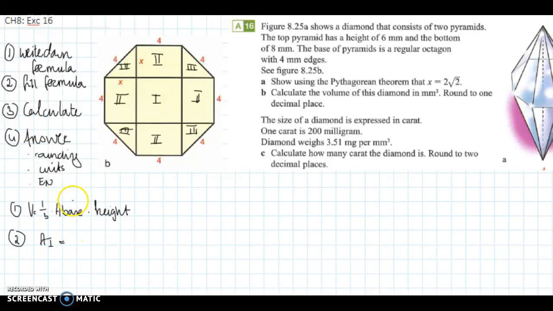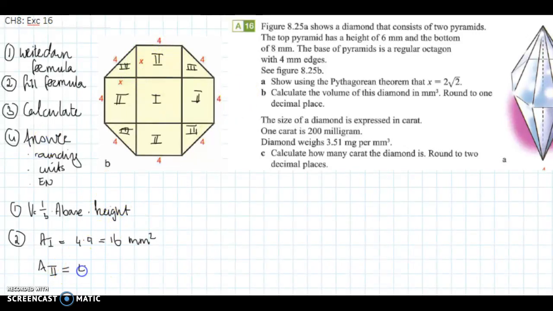that's a square. So basically it's just 4 times 4, and that's 16 square millimeters. Then area number 2, that's a rectangle, and we know that the value of x was 2 times the square root of 2.